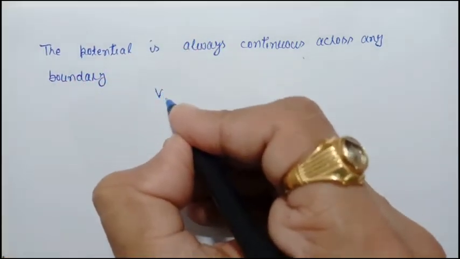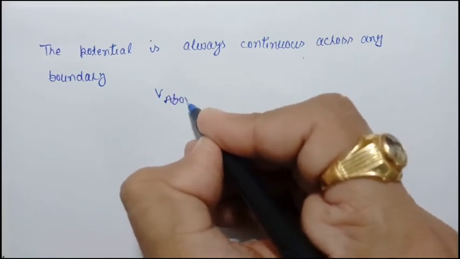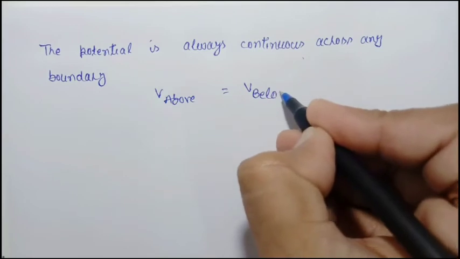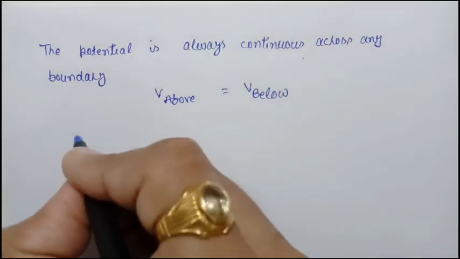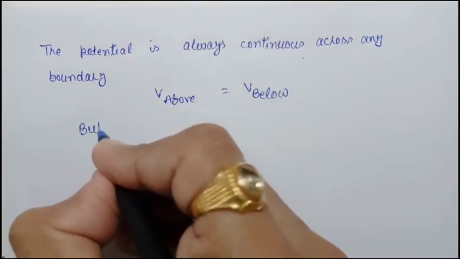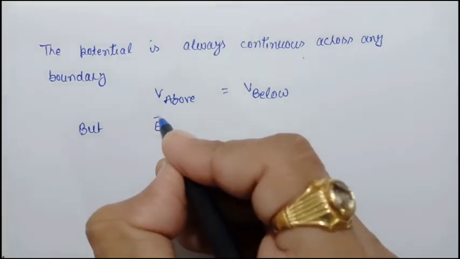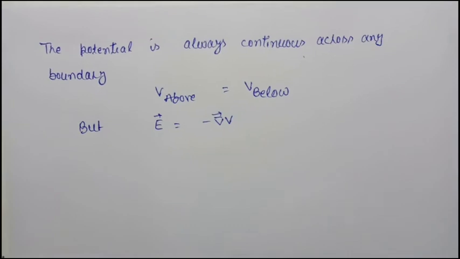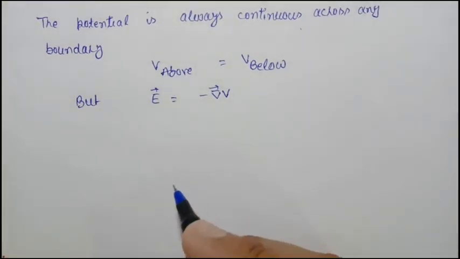That is, V above is equal to V below. Further, E, that is the electric field, is equal to minus del V, that is the gradient of the scalar potential.